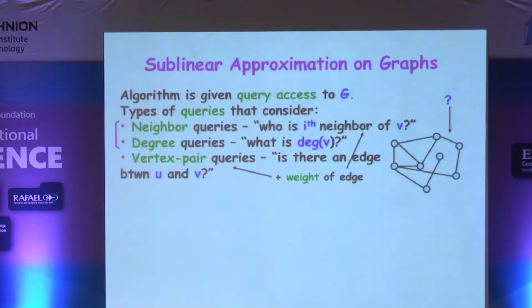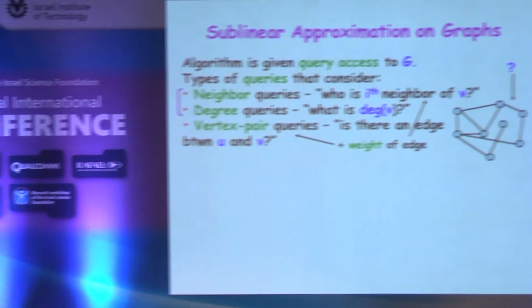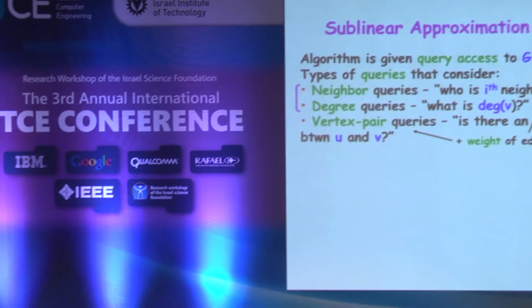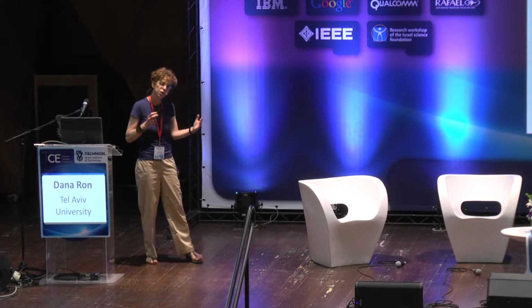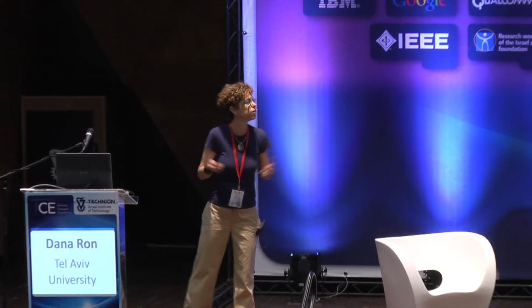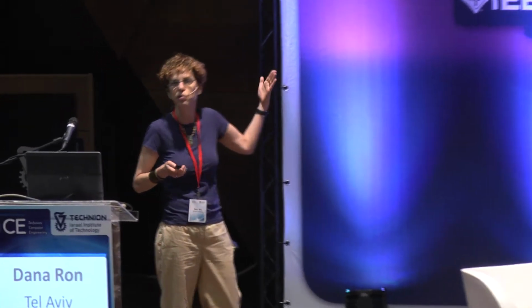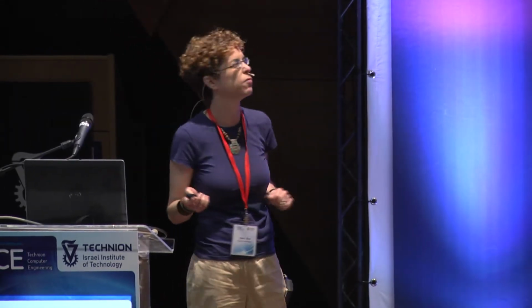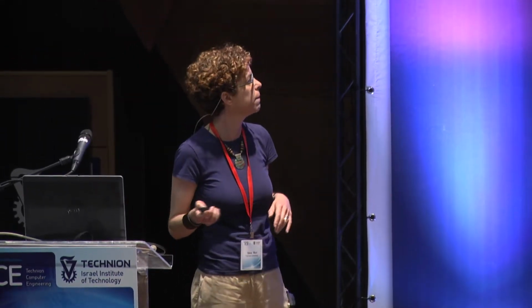The type of queries you're allowed depends on the type of graph you're working with, its representation. I'll be interested here only in sparse graphs, either bounded degree or bounded average degree. So the relevant representation will be the incidence list, so I can get the neighbors of a vertex and the degree, but not necessarily ask about a pair of vertices. Usually there won't be an edge between them.